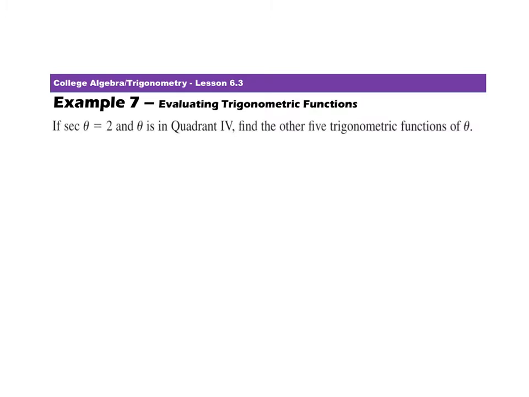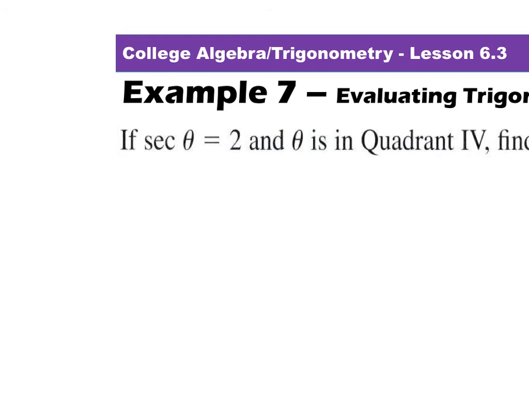Okay, secant. Let's write this down again. Let's write all these down. Sine of theta is what over what? Y over r. Cosine of theta is x over r.